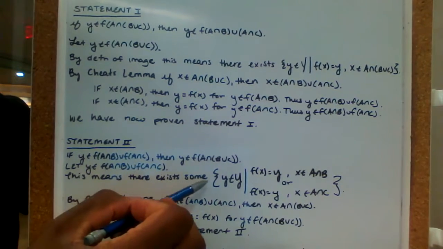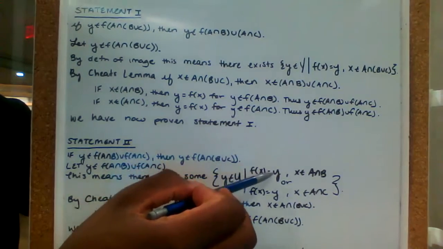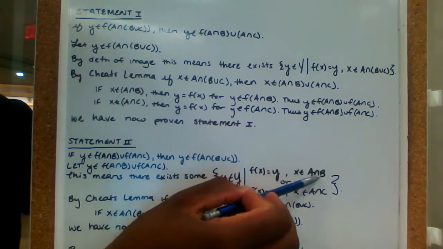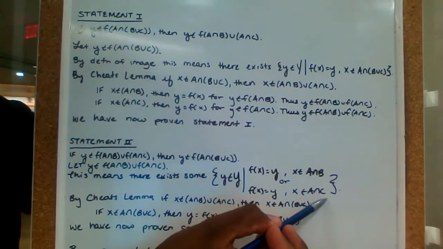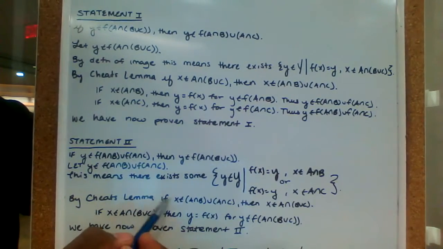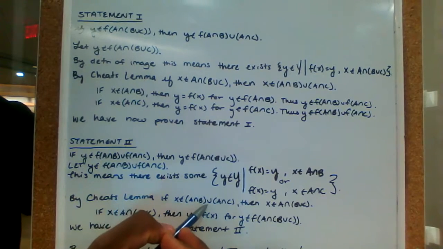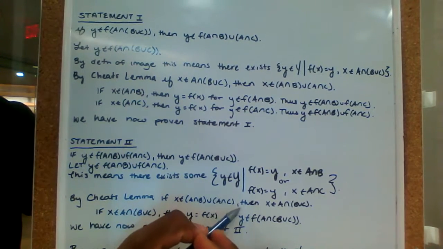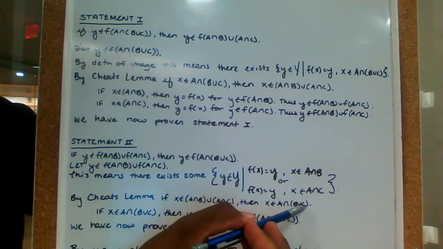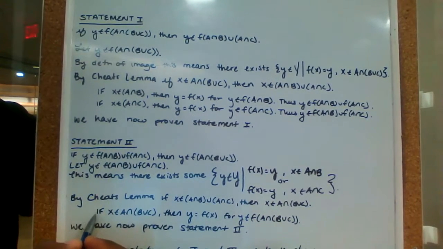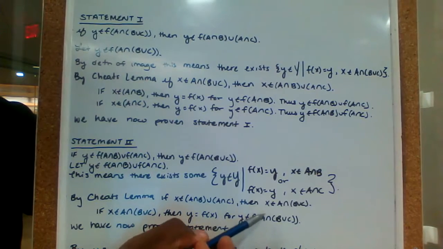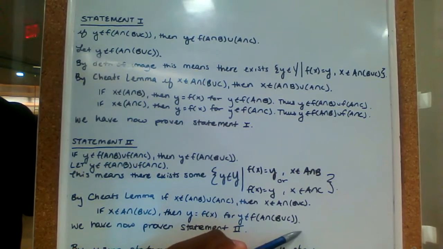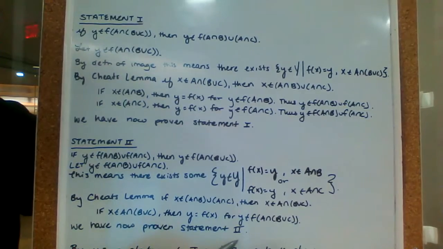This means there exists some x such that f(x) equals y for x in A ∩ B, or f(x) equals y for x in A ∩ C. By Cheat's lemma, if x is in (A ∩ B) ∪ (A ∩ C), then x is in A ∩ (B ∪ C). If x is in A ∩ (B ∪ C), then y equals f(x) for some y in f(A ∩ (B ∪ C)). We have now proven statement 2.